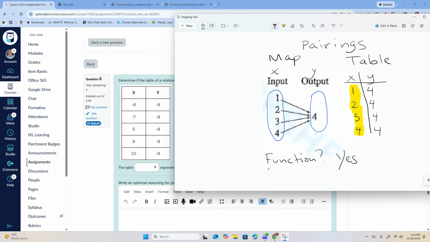That's what a function is. Every x value is paired with exactly one y value. As long as you don't have repeated x's, it's going to be a function. That's how you do problem number 6.